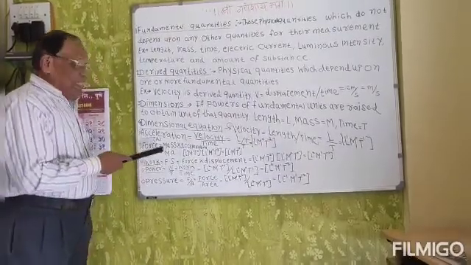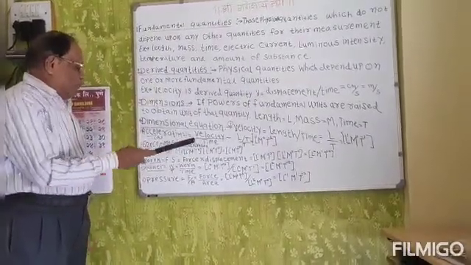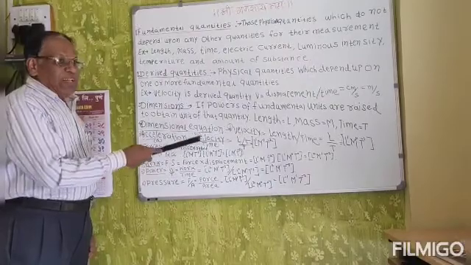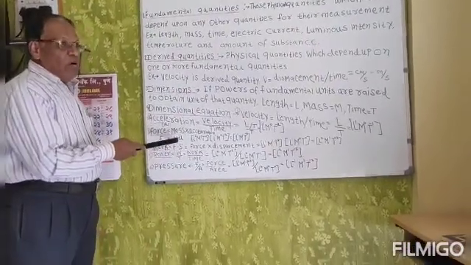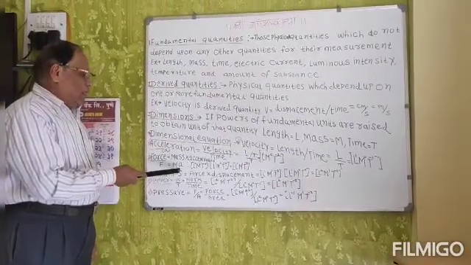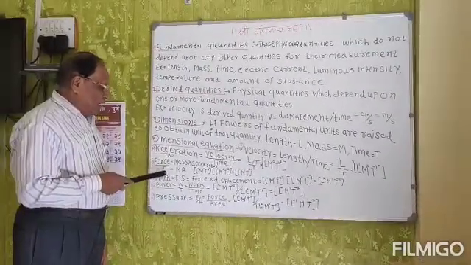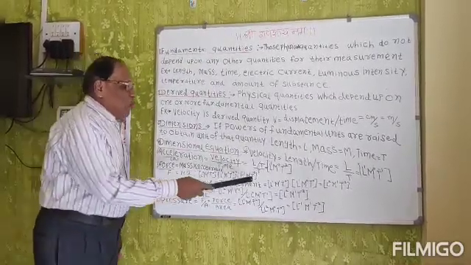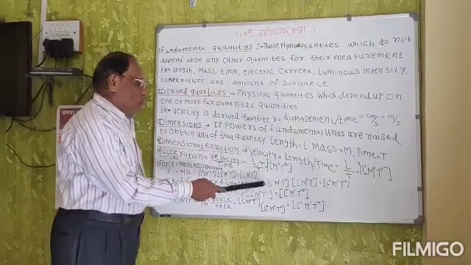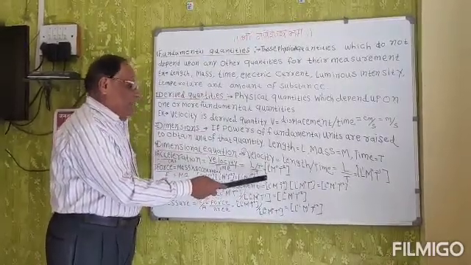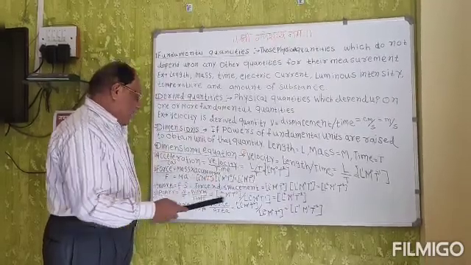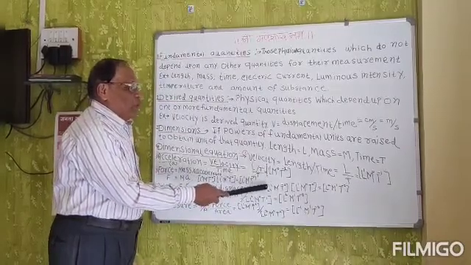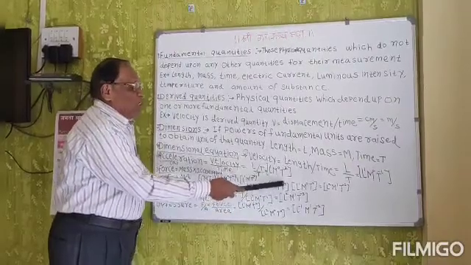By knowing the dimensional equation of force, we can also calculate the dimensional equation of work. From the definition, work is the product of force and displacement. So the dimensional equation of work: first we write, in square bracket, the dimensional equation of force, that is L raised to 1, M raised to 1, T raised to minus 2.